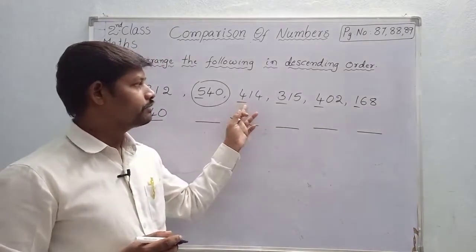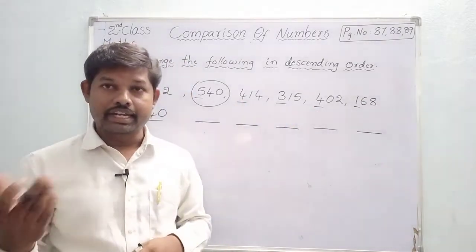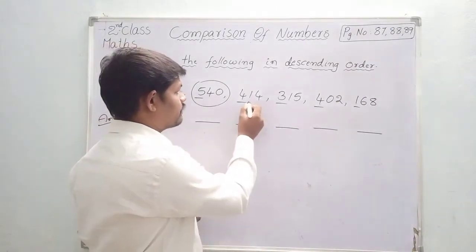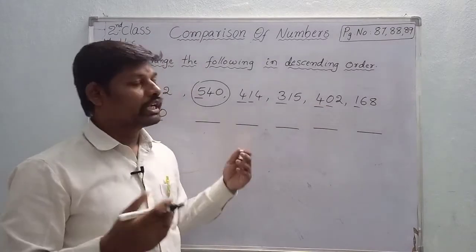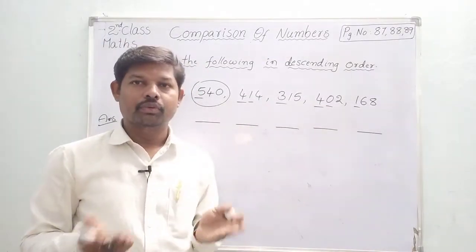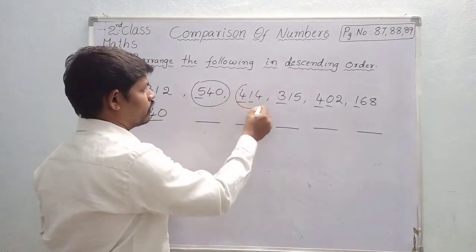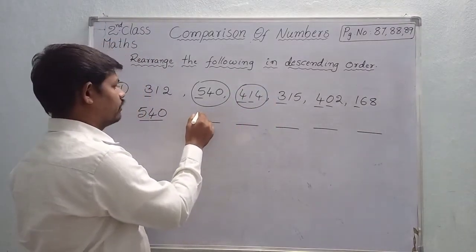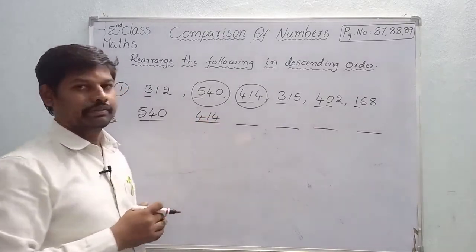Then compare the tens place. Tens place here 1, here 0. Which one is big? 1 is big. That means 414. 414 is the next number.